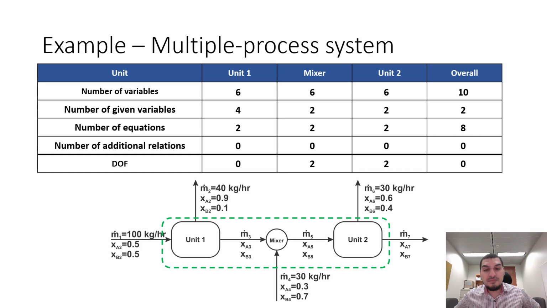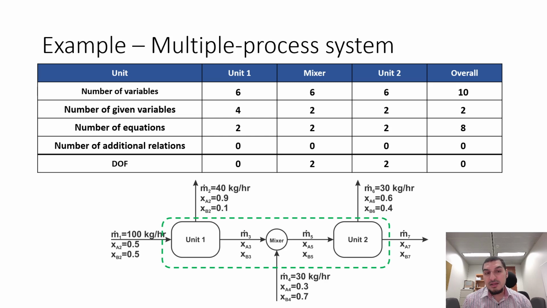So this is what we have after filling the cells of this table. And now, looking at this table, we are able to get a lot of information. The first piece of information is which units can be solved from the very beginning. We can start with unit 1 or with the overall.